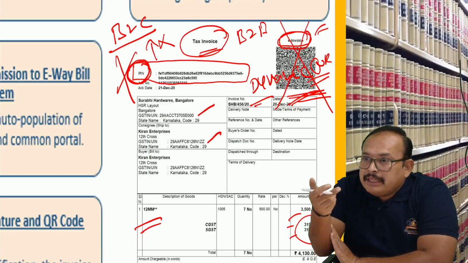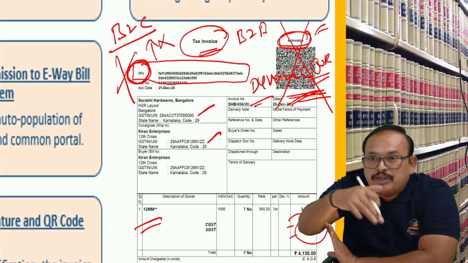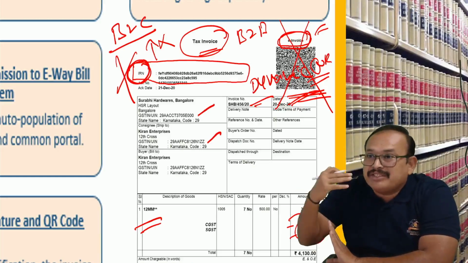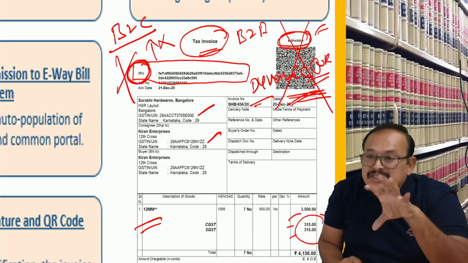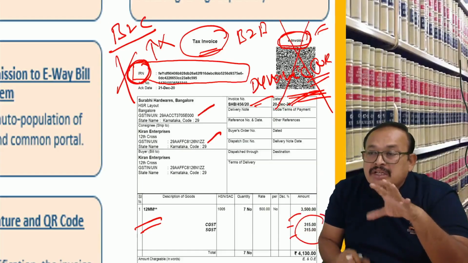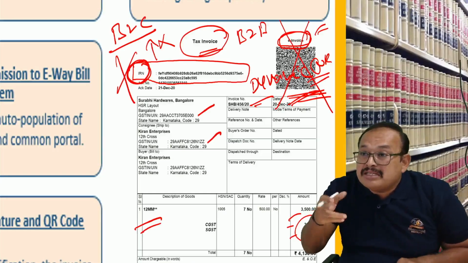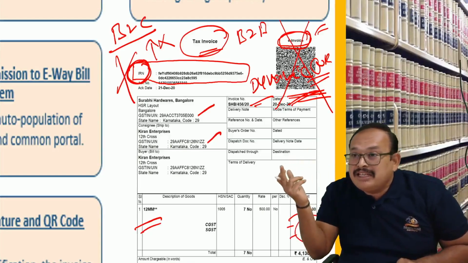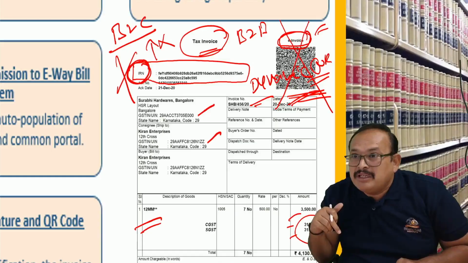Supplier, for the tax period of, for example, August 2025, generated 250 invoices through e-invoice. Once 250 invoices are generated through e-invoice, that supplier is required to file the GSTR-1 return by the 11th of the subsequent month, namely September, for the August month.